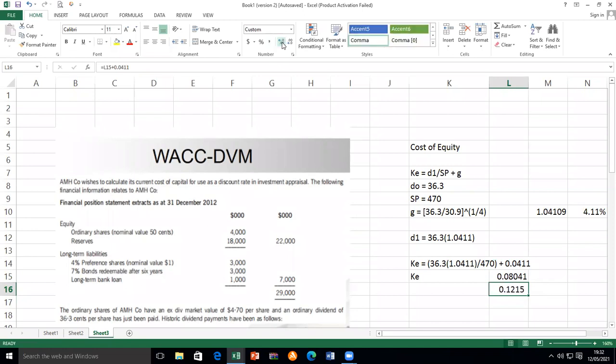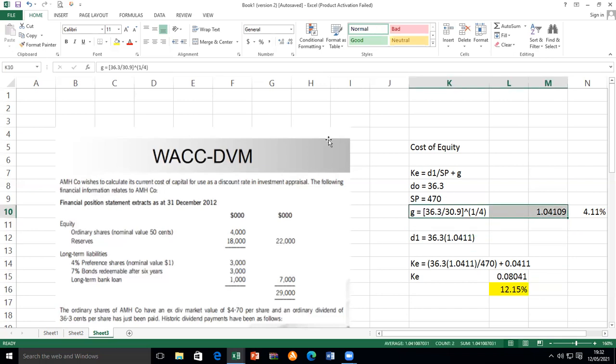Yes, 12%. Yes, that's what you're getting. Exactly. There's only one trick here: the trick was finding that growth. That is the only issue in the question.